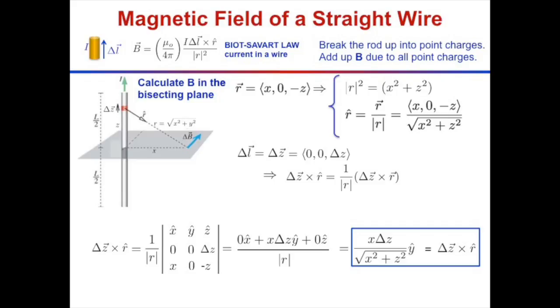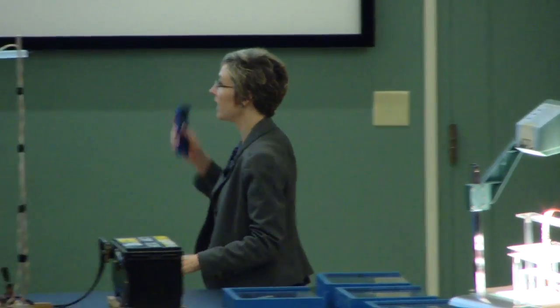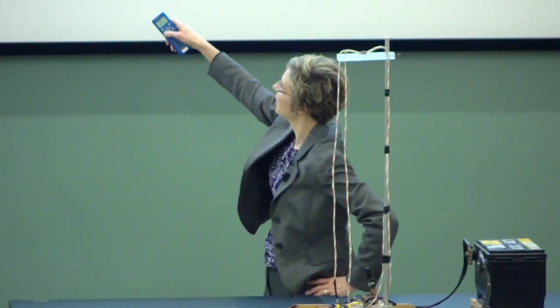And to calculate then the cross product of delta Z crossed into R, I write in the first row, x hat, y hat, and z hat. In the next row, I write the components of delta Z. That's 0, 0, delta Z. And in the next row, I write the components of R, which is x, 0, and minus z. And then I take the determinant of that. Now, the way that I think about taking determinants is I think of drawing diagonal lines on this matrix.